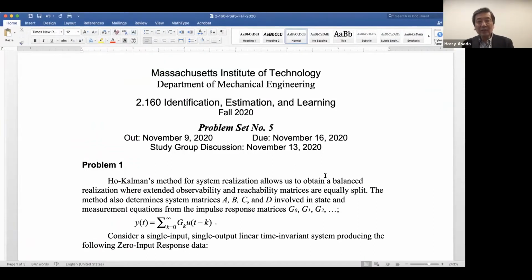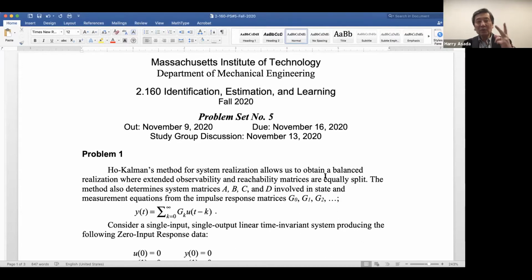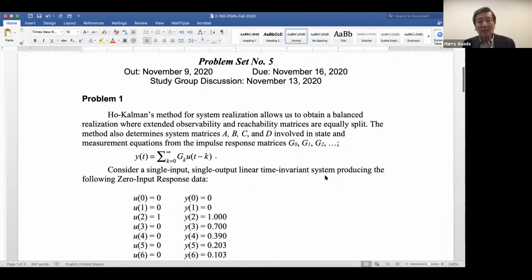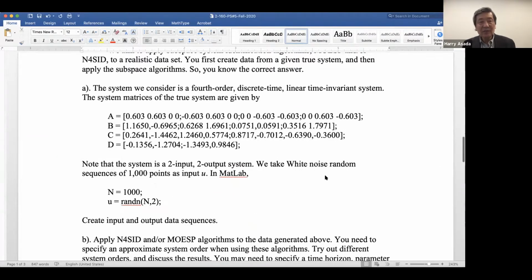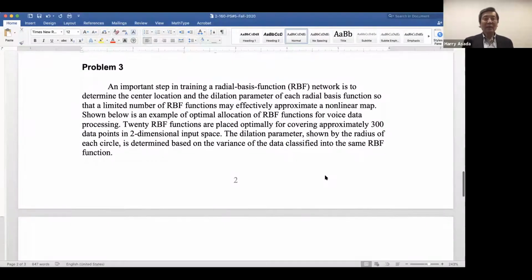And this problem set covers two problems in subsystem methods, and then one problem is on the radial basis functions. So this is actually problem 3, radial basis functions. And the due date is next Monday. So you have some time, and you can discuss this in the group studies on Friday.